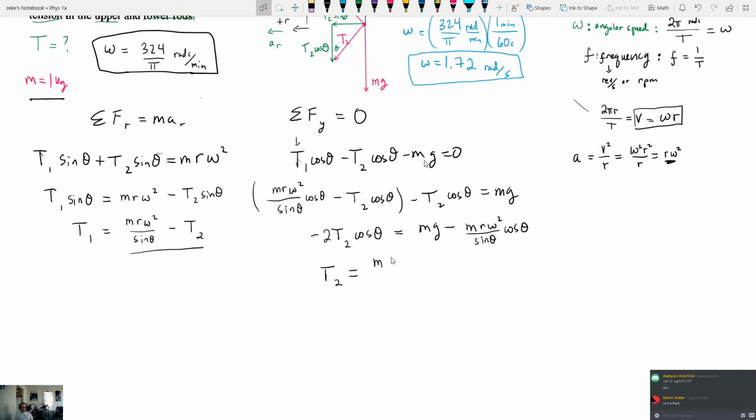So we're going to have m times r omega squared over sine theta minus g over cos theta, and it's all divided by 2. Does that look right?